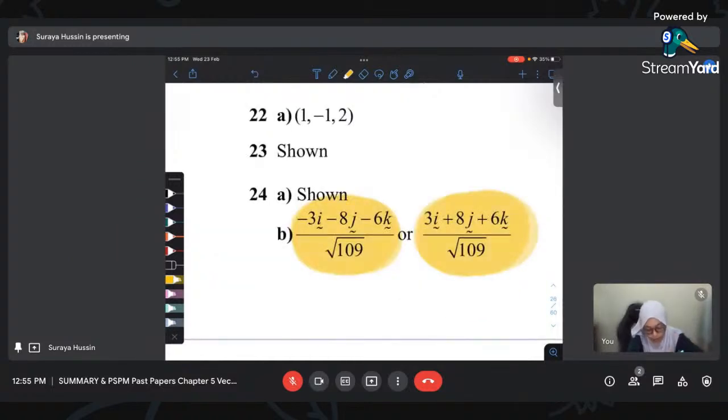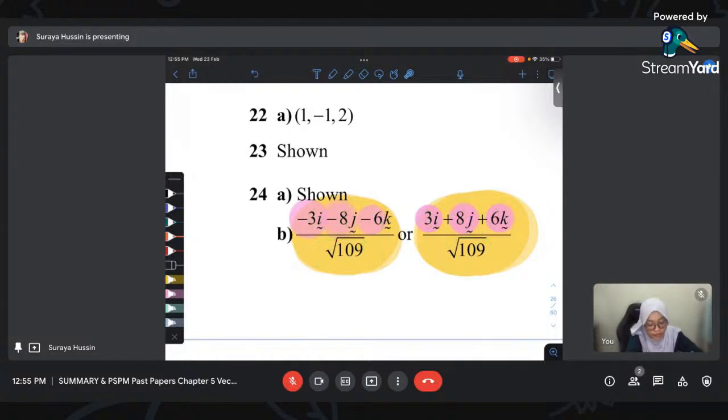Kenapa dia ada dua jenis jawapan? It's just because of its direction. One is positive, another one is negative direction. But the magnitude is the same, because this number 3 is the same, 8 the same, 3, 8, 6 are the same number. That's why its magnitude is the same.